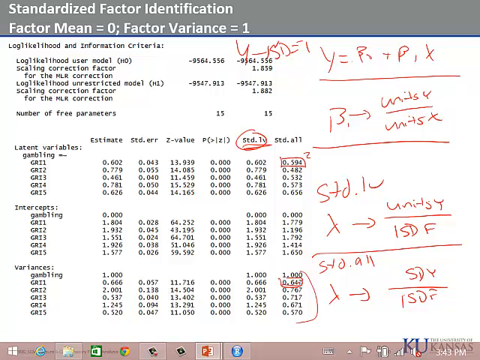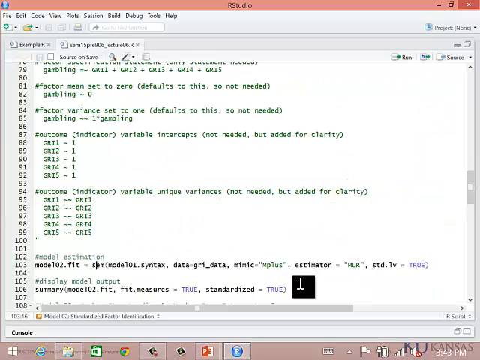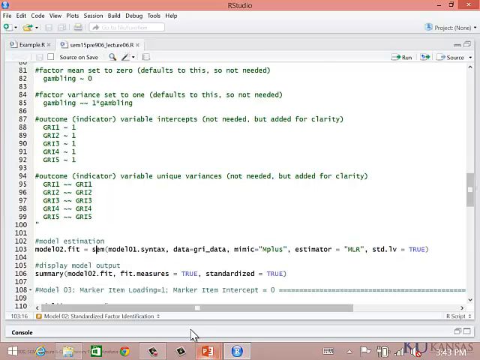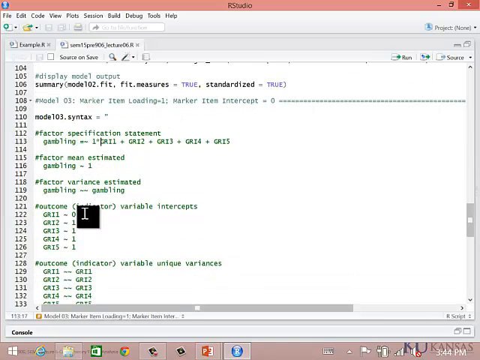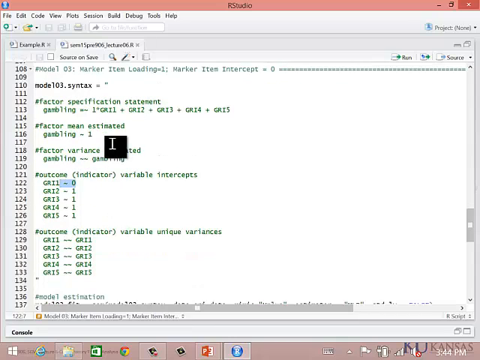Okay. So, the other bits of syntax that you see, for instance here, is where we are estimating the factor mean and the factor variance. I put a 1 here in the marker specification statement just to highlight that the first item is the marker item. You don't have to have it there. It'll do that by default. And I put a 0 right here for the first item's intercept.